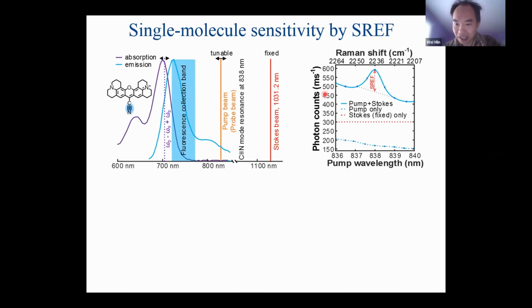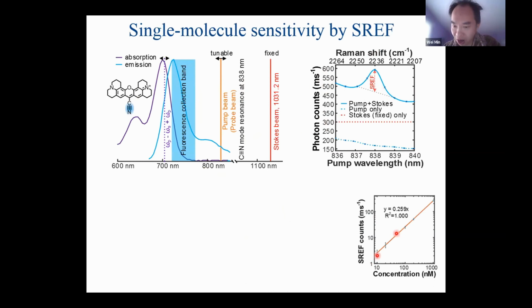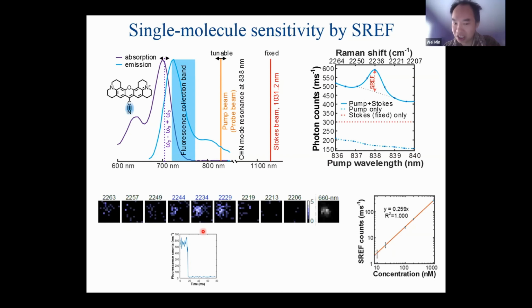If you tune the pump beam across a certain range, the fluorescence will show a sharp peak exactly at the vibrational position, as expected. So this is really a Raman transition by nature, but it's detected by fluorescence, and the signal can be very high. We can get down to nanomolar now.